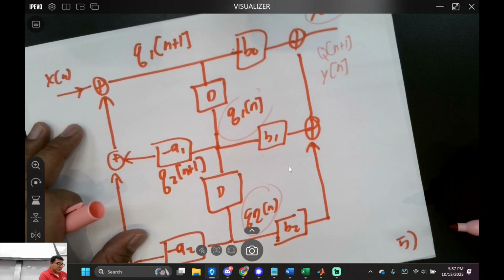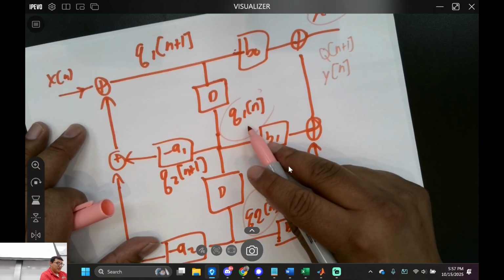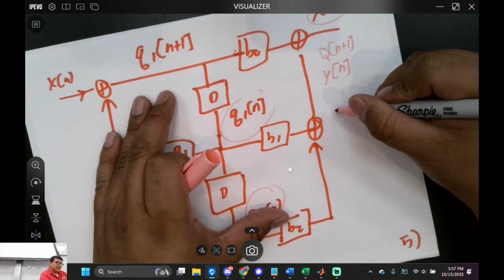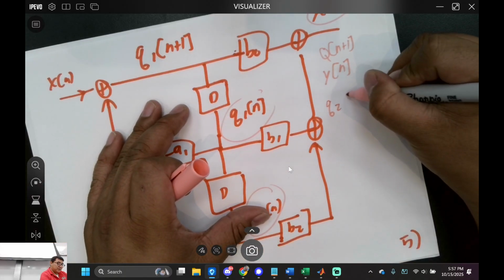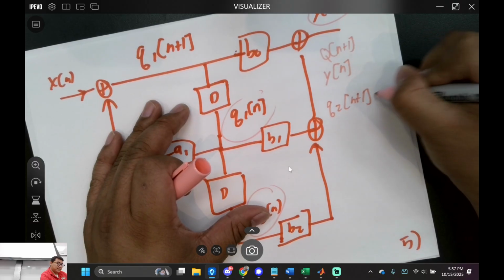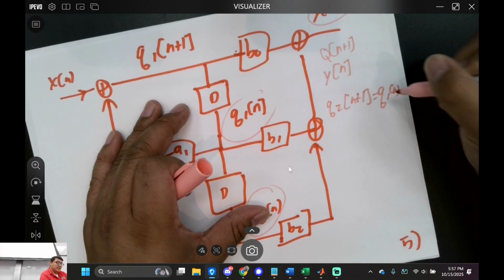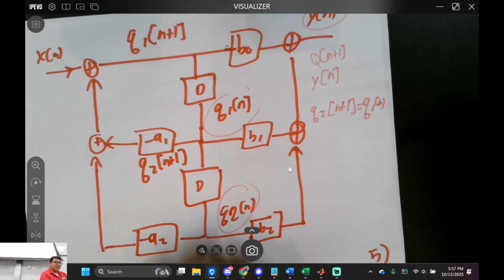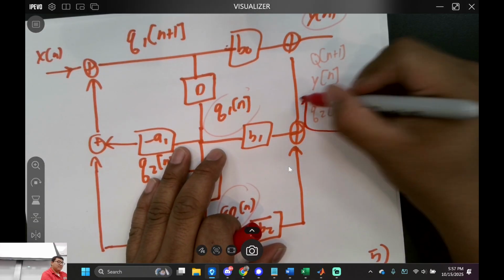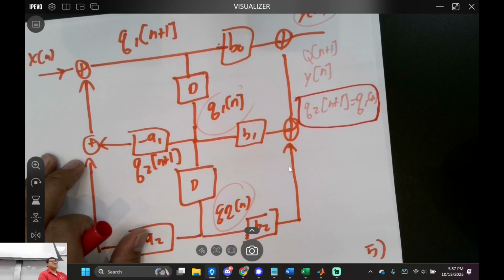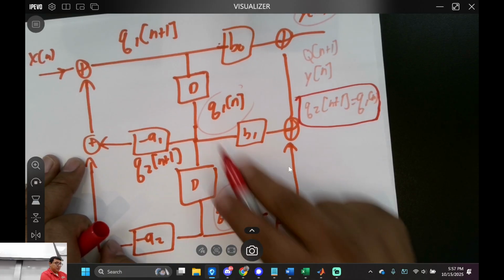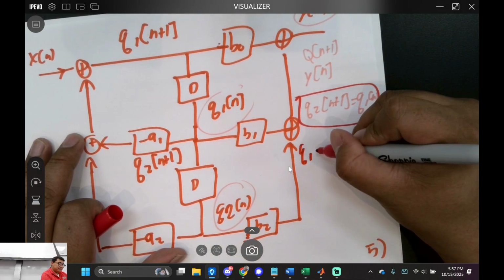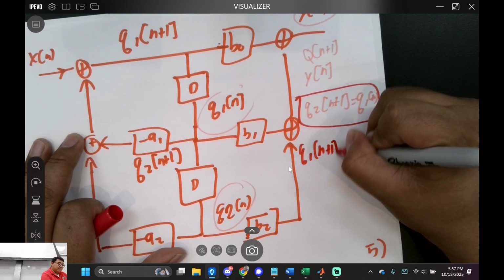So what are some equations I can do? Well, if you see this right here, Q2 of n plus 1 is equal to Q1. That's a guaranteed answer right there, right? Everyone like a guaranteed answer? Is that good? And then, what's Q1 of n plus 1 equal to?